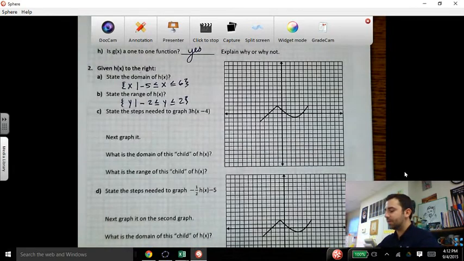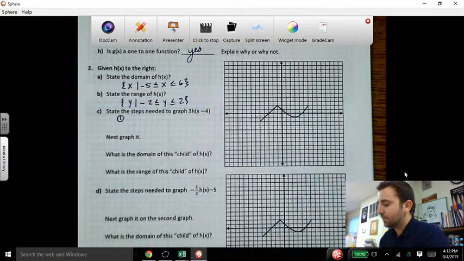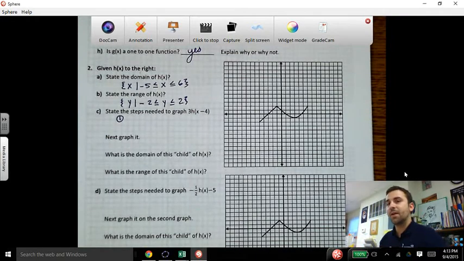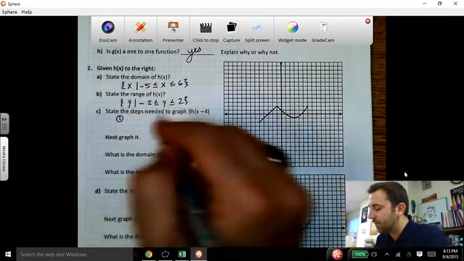So in this situation, it's going to give us a vertical stretch by a factor of 3. We want to make sure that when we're graphing stretches and compressions, we graph the stretches and compressions first and do our translations last. In this situation, it's not going to matter, but in other functions that we use, it will change your domain and range values.